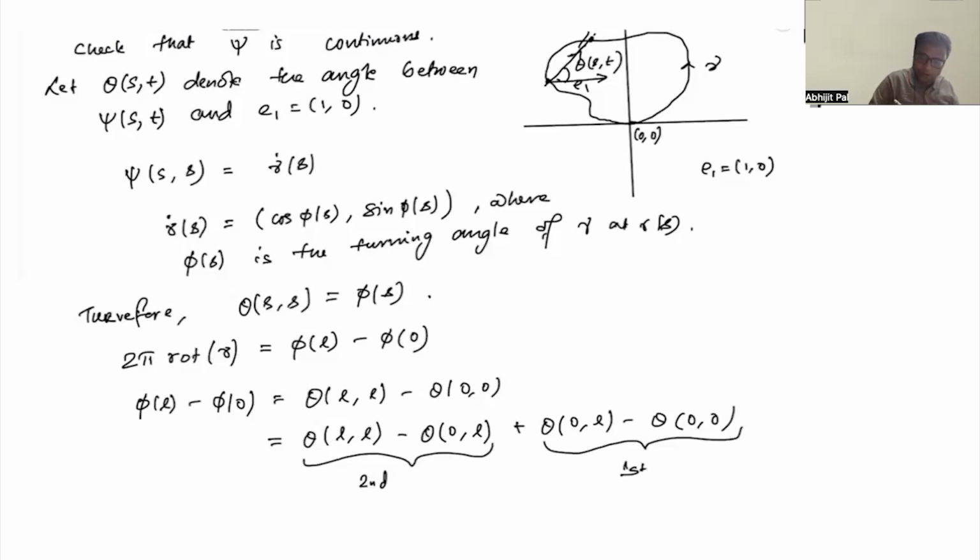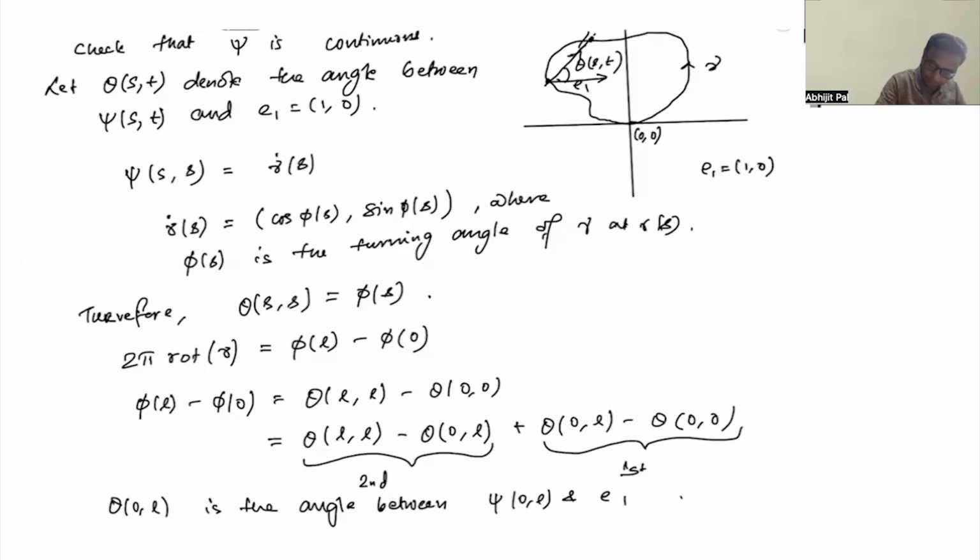Theta 0 L is the angle between psi 0 L and the unit vector E1.